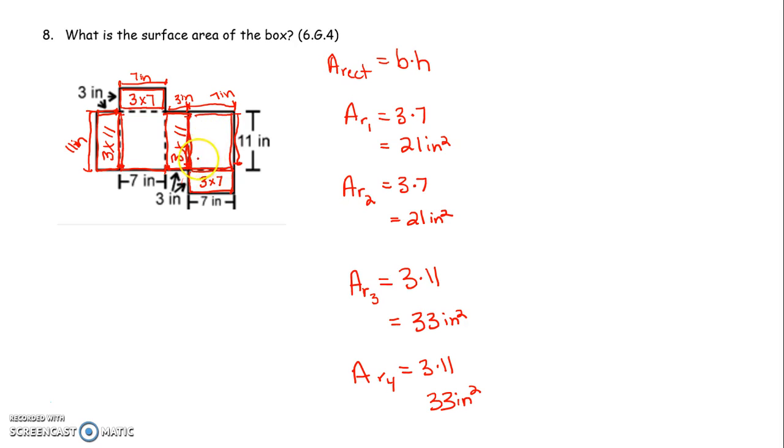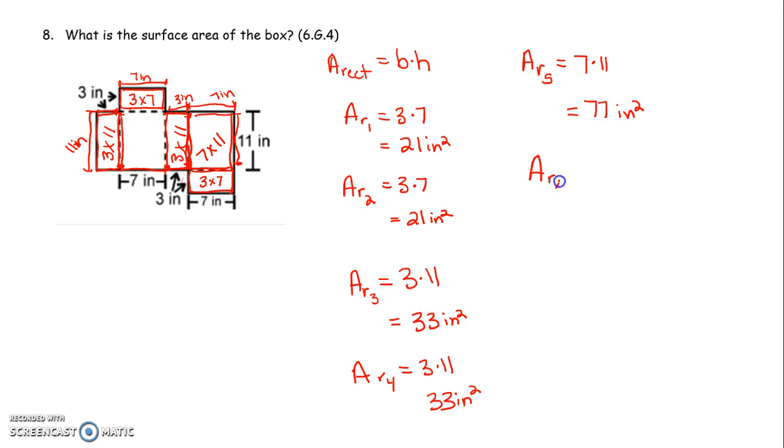So that rectangle, the area base times height, would be 7 times 11, or length times width. Let's call that rectangle 5. To make up a box, you're going to end up having 6 surfaces that you have to cover. So rectangle 5 would be base times height, 7 times 11. 7 times 11 is 77 square inches, or inches squared.